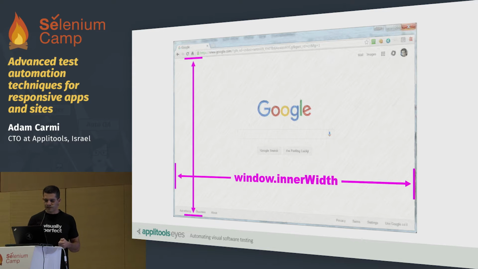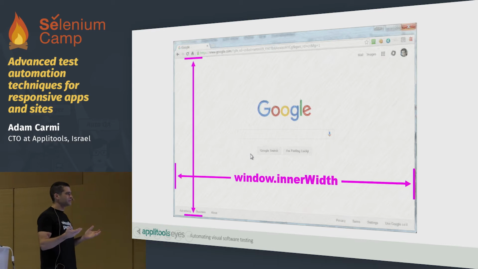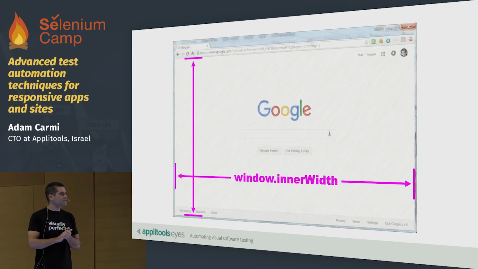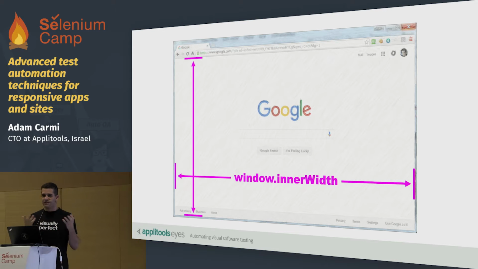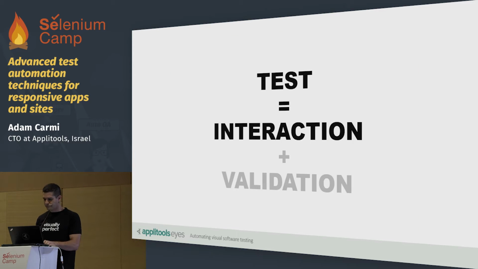You can think of it as the width of the browser window minus the borders of the window itself. The value of the width of the viewport is available to you in the innerWidth property of the window JavaScript object. And you can basically access that within your Selenium tests and use it.